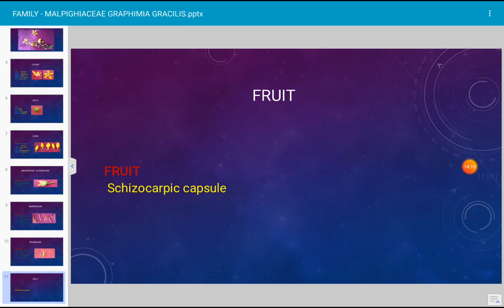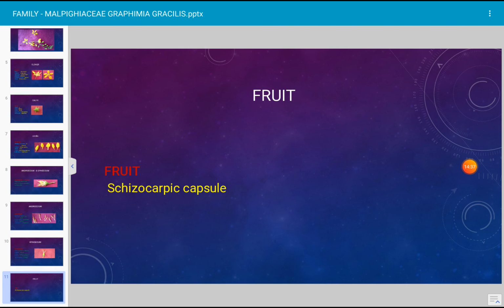Fruit. The fruit of the Grewia gracilis plant, the specific plant Grewia gracilis, family Malpighiaceae. The fruit is a schizocarpic capsule. What is a schizocarpic capsule? It is a type of dry fruit developed from a mono, bi or multicarpellary ovary.